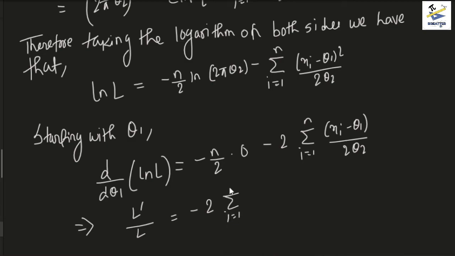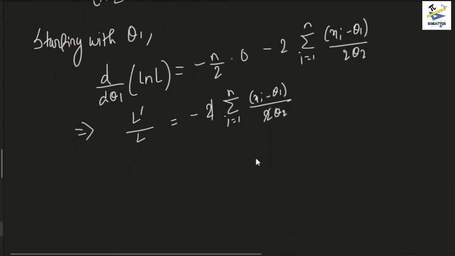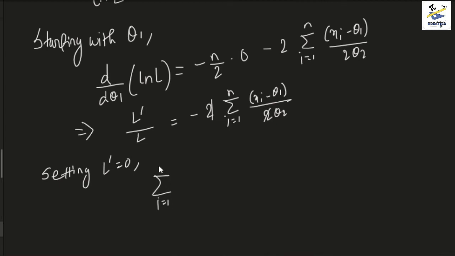summation i equals 1 to n, (xi minus theta 1) by 2 theta 2, right? And setting L prime equals 0, we see that the summation from i equals 1 to n of (xi minus theta 1) is equal to 0.